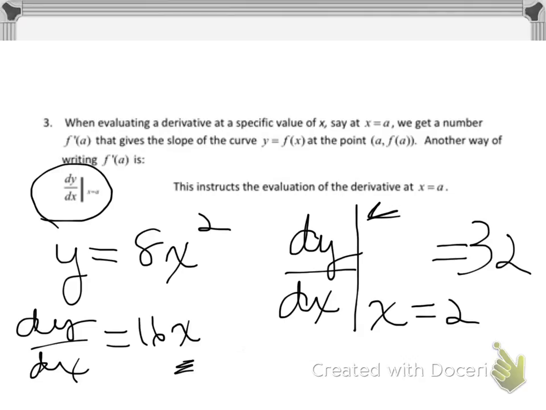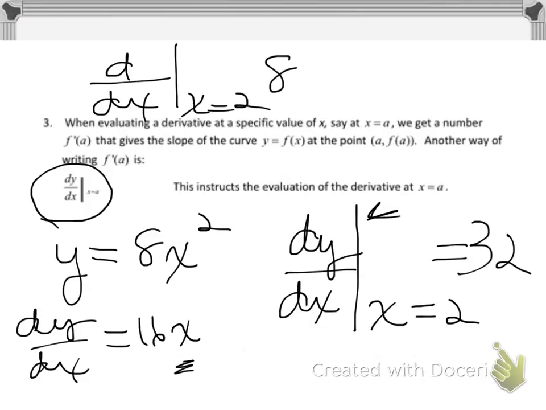All right, so that's the notation and what it means. So it's just evaluate it at. You also could say d dx, evaluate a derivative at x equals 2 of 8x squared, and in that case, you would just say that equals 32.